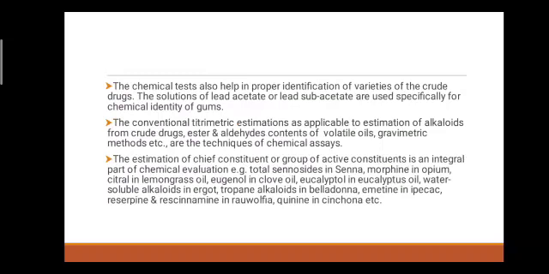For example, total sennosides in senna, morphine in opium, citral in lemongrass oil, eugenol in clove oil, eucalyptol in eucalyptus oil, water soluble alkaloids in ergot, tropane alkaloids in belladonna, emetine in ipecac, reserpine and rescinnamine in rauwolfia, quinine in cinchona, etc.